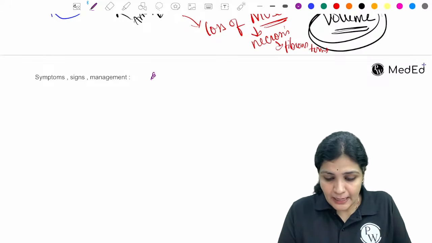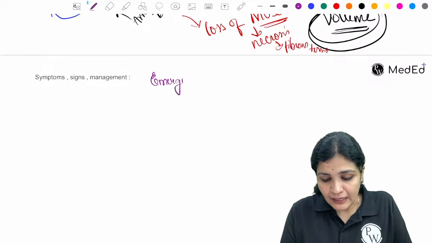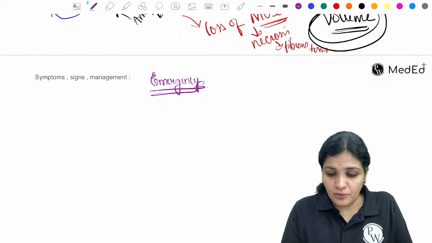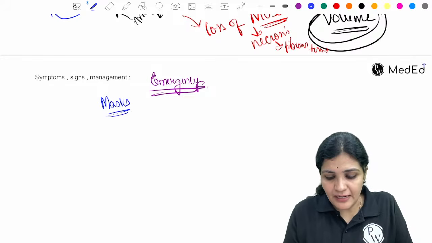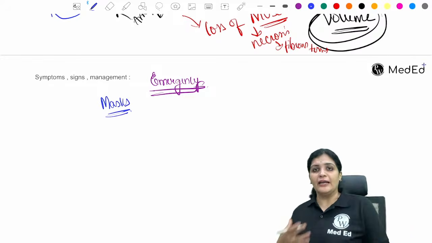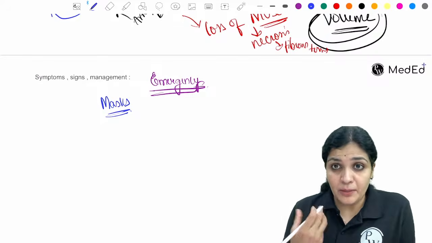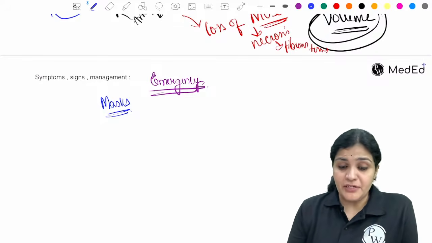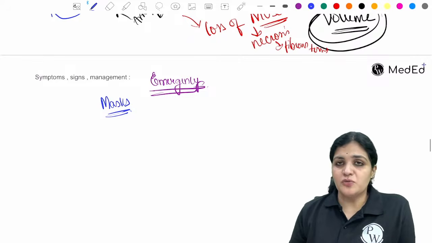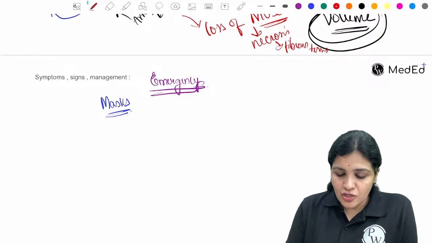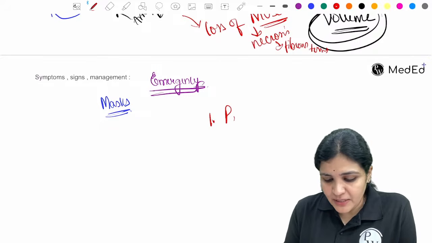This is an emergency, and you need to diagnose it, because sometimes there will be masks, right? For example, if the patient is unconscious, or if a pediatric patient is not able to express properly, or if the patient is under epidural analgesia, all of this will add up to the trauma. The first and foremost symptom is pain.